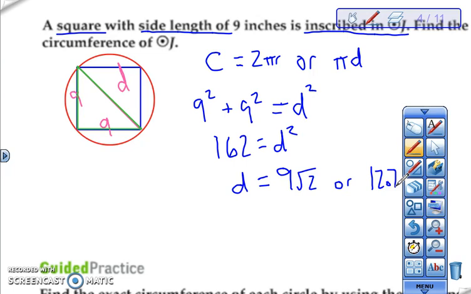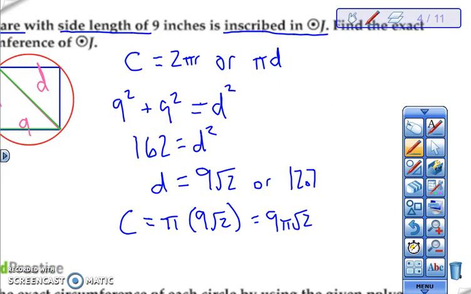Since I have the diameter, just plug it into that second formula. So it's pi times 9 root 2, which I can either write as 9 root 2 pi or as 9 pi root 2. I'm going to write it that way because if I put the pi before the square root sign, there's no confusion as to whether or not the square root covers the pi.